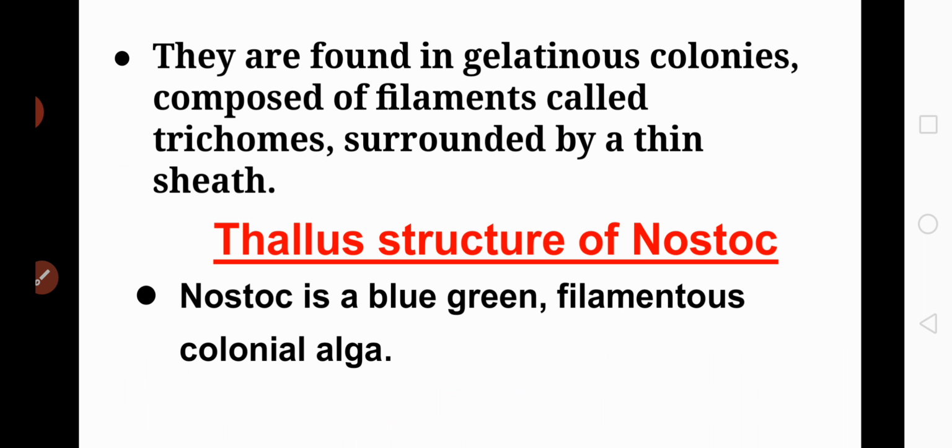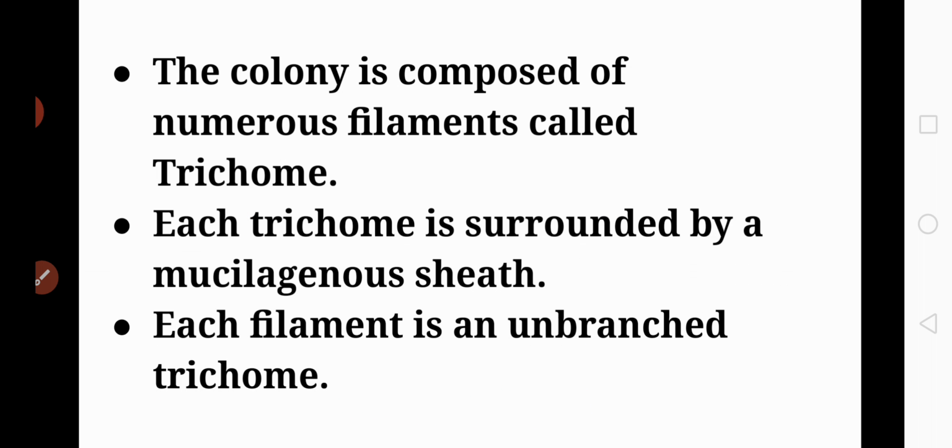Okay, now coming to the thallus structure, as I said before, Nostoc is a blue-green alga and it may be filamentous or colonial. The colony is composed of numerous filaments called trichome. So what is a trichome? Trichome is nothing but the filament of blue-green alga.